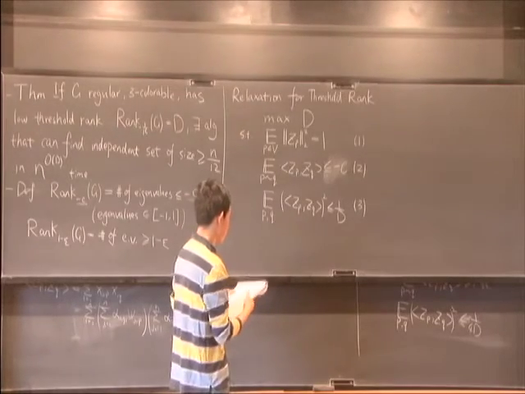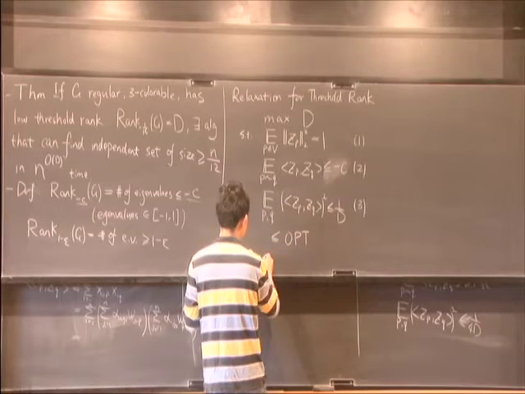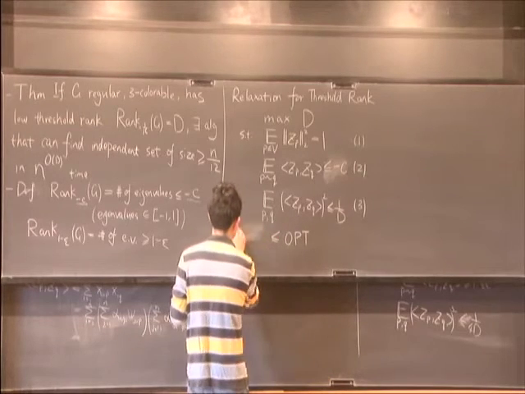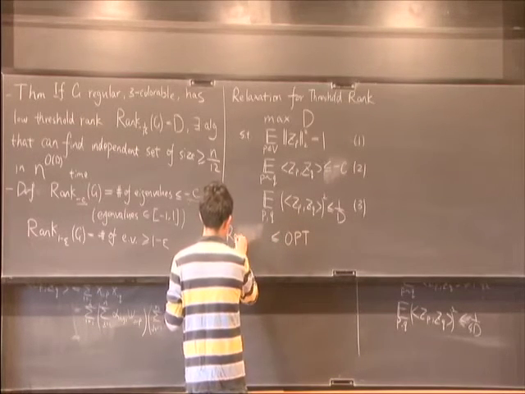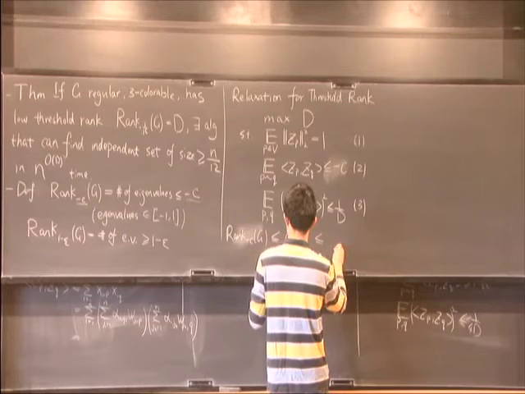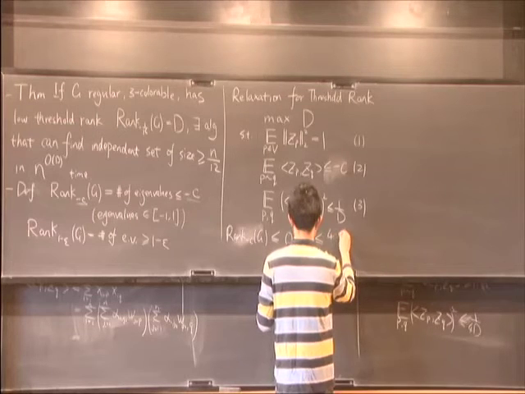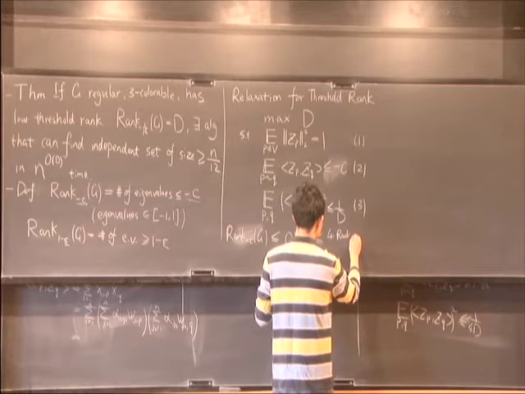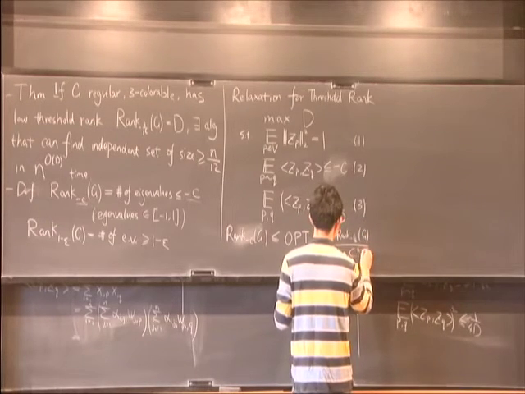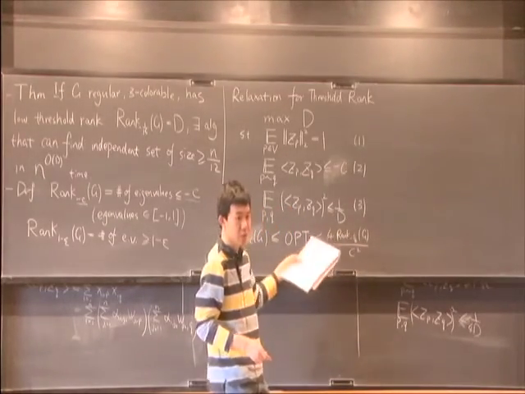The optimal is at least rank minus c of G, and it's at most like 4 times rank minus c over 2 of G over c squared. But anyway, this c will be a constant, so it's within a constant factor of these threshold ranks.